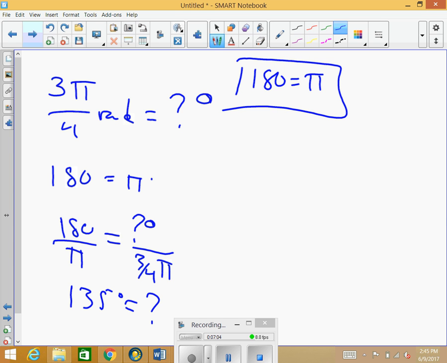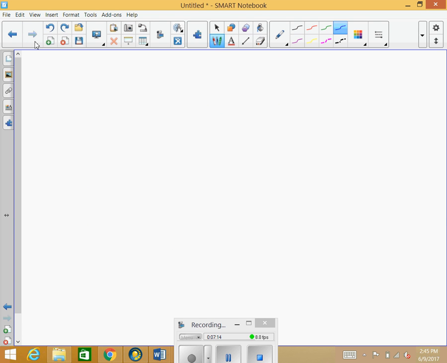Now, the last thing I'm going to talk about is angular velocity. Angular velocity, we give it this symbol, and it's basically how big does an angle theta grow over time t.